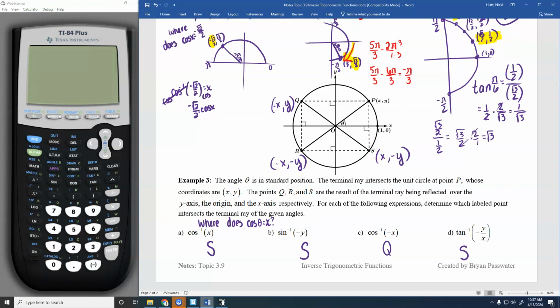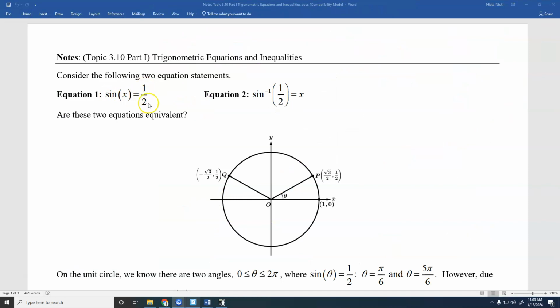All right, we are going to sine of x equals 1/2, inverse sine of 1/2 equals x. Are those two equivalent? They are, because this one basically says where does sine x equal 1/2. That's what happens when we're doing inverse trig, right?